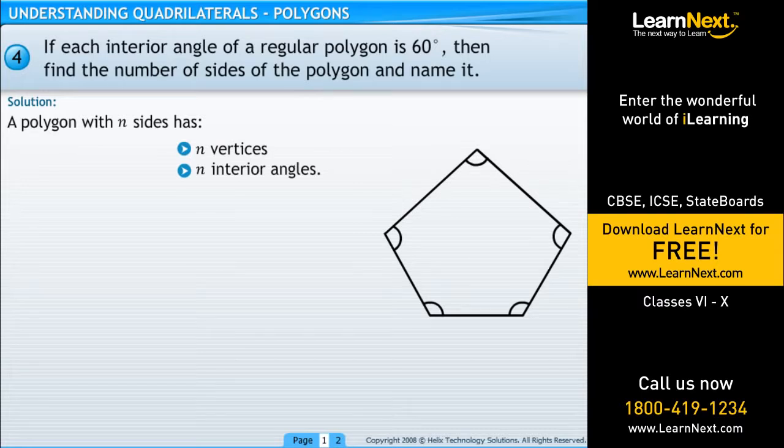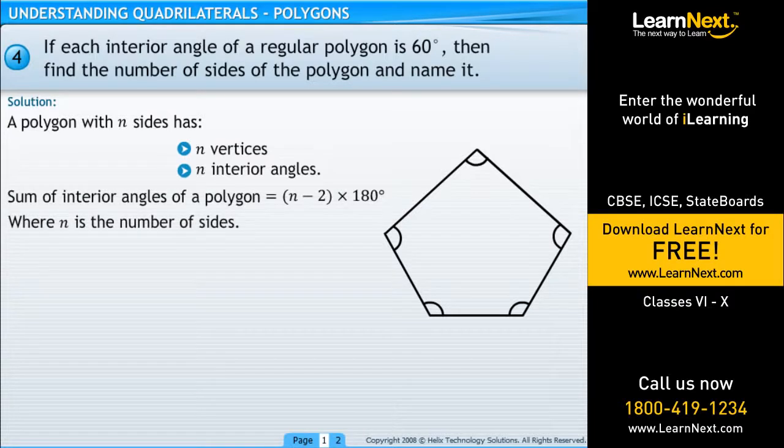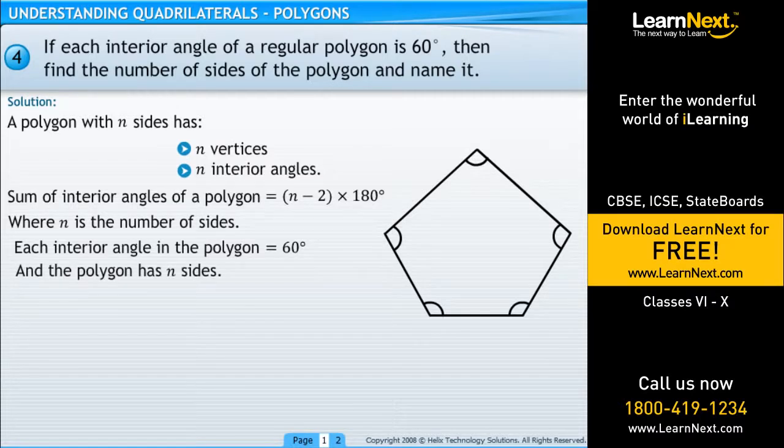To find the number of sides of a polygon, we will use the angle sum formula. The sum of the interior angles of a polygon is given by the angle sum formula. A polygon having n sides has n angles. Therefore, the sum of the interior angles of a polygon is n multiplied by 60 degrees.